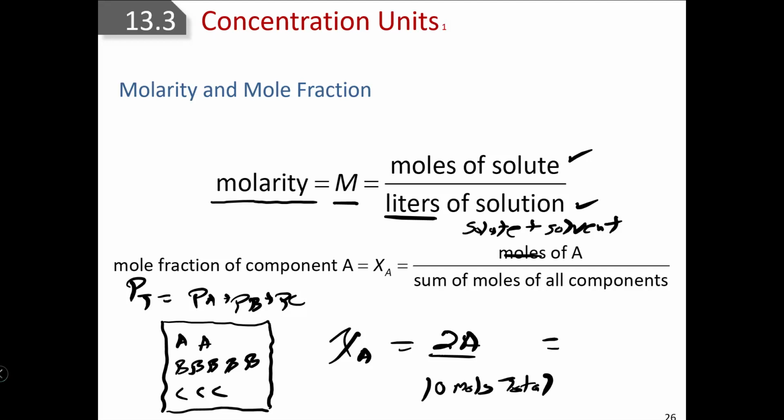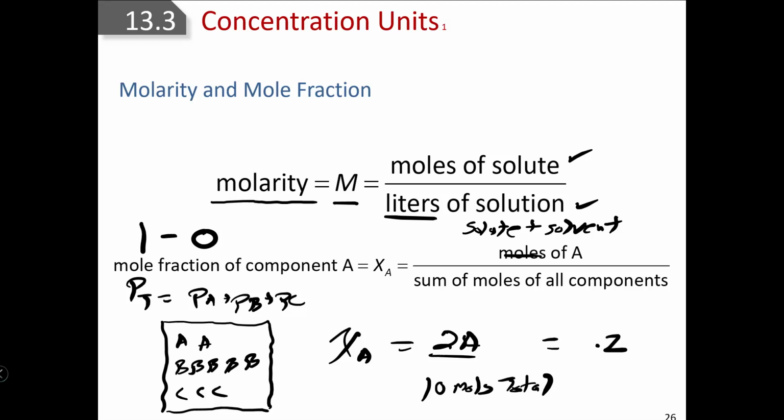So the mole fraction is 0.2. Mole fractions can only be, 1 is the greatest the mole fraction can be, and 0 is the least. And if you want a mole fraction of 1, you'd have only A in this box. It'd be 10 A over 10 total moles, and you get the number 1.